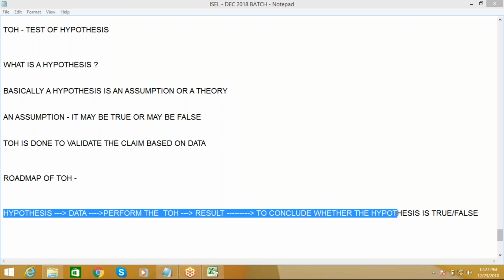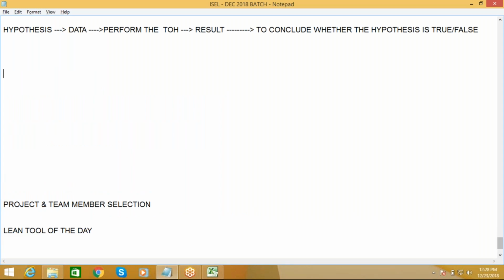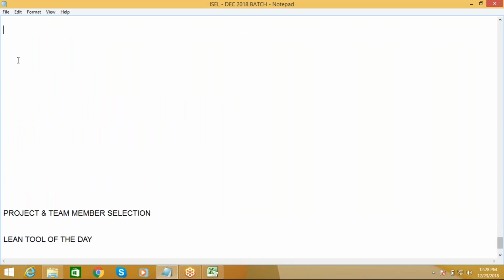Now first and foremost, I'm talking about a project. Let me put it in my notepad or in my Excel sheet. Now let's begin with an example of the test of hypothesis.